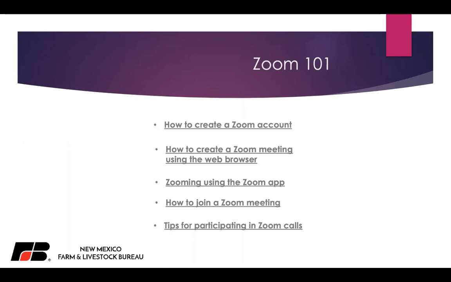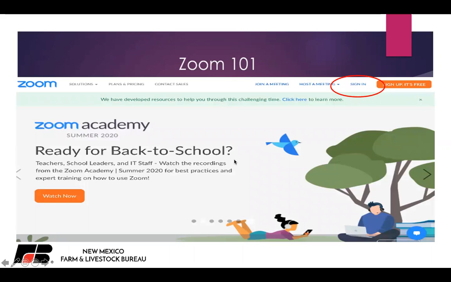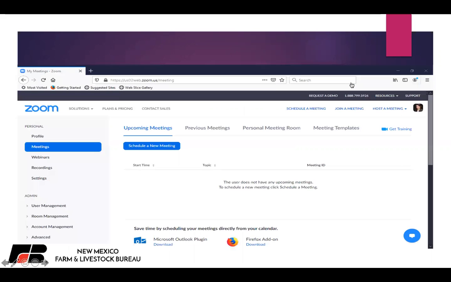Let's go ahead and take a look at how we can create a meeting using the web browser. Let's go ahead and go back to zoom.com and sign in. Once we're signed in, we're going to want to go to the Schedule Meeting tab. You can find this under the top right corner of the screen.